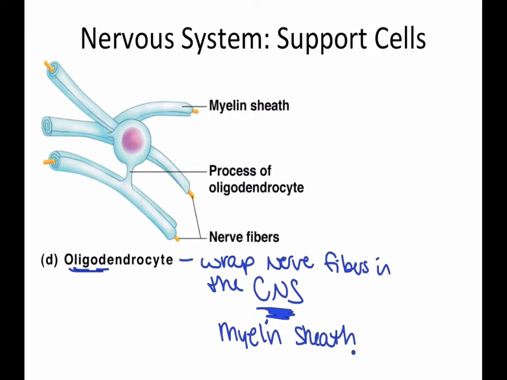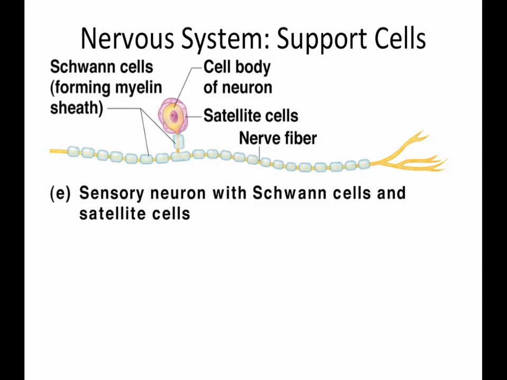The next thing here is we have our sensory neurons. In this one, we're going to define both the Schwann cells and also satellite cells. I want you to color a satellite cell, and the satellite cell is really outside of the cell body of the neuron.